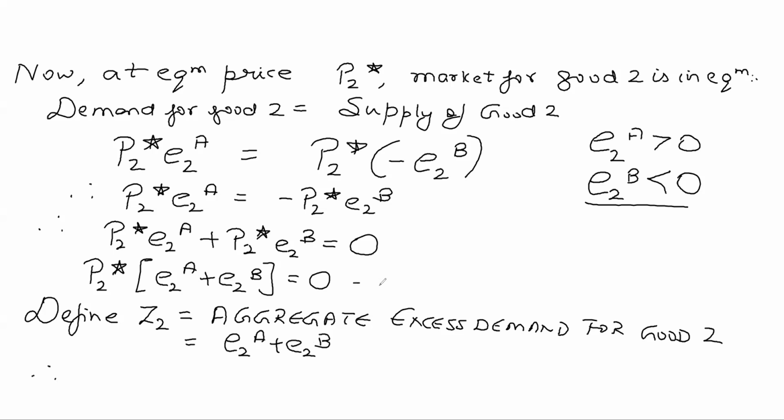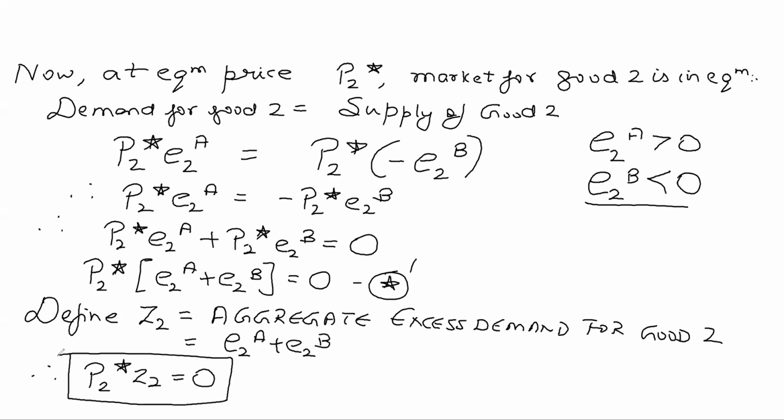Therefore, my equation star dash now becomes P2 star into Z2 is equal to 0. This is my equation 2. Okay, so we have done a similar analysis for the good 2 market, and I hope all students are clear with this.